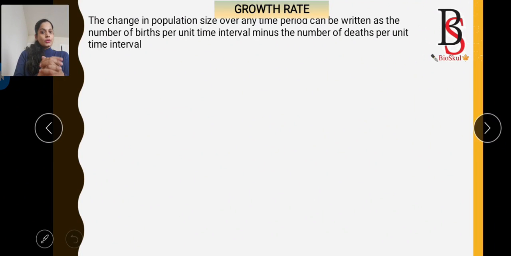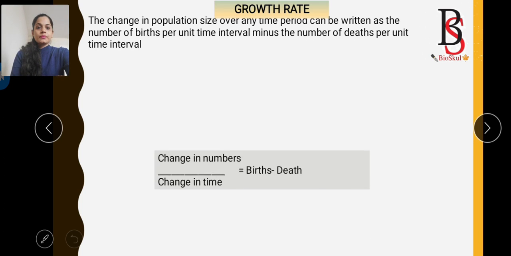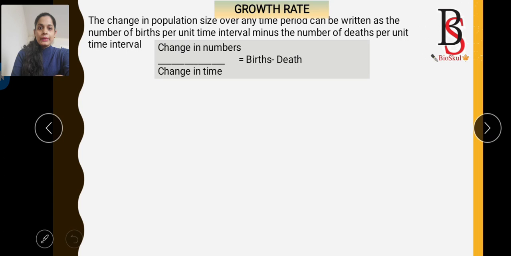So now we come to the growth rate. How can we determine the population growth rate from natality, that is the birth rate, and mortality, that is the death rate? The change in population size over any time period can be written as the birth rate per unit time minus the death rate per unit time. So the change in number divided by change in time equals births minus deaths.